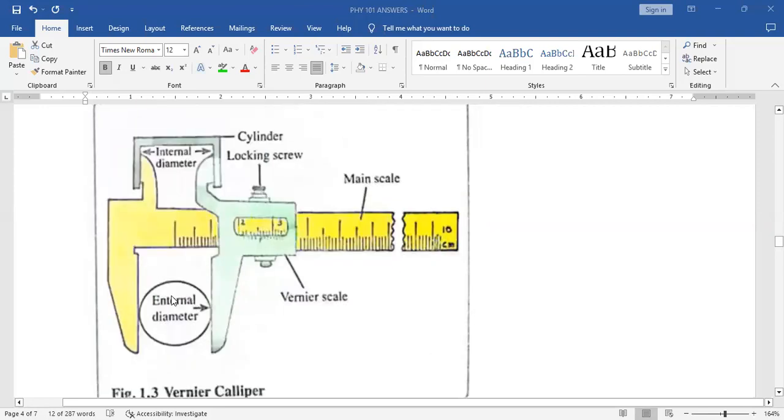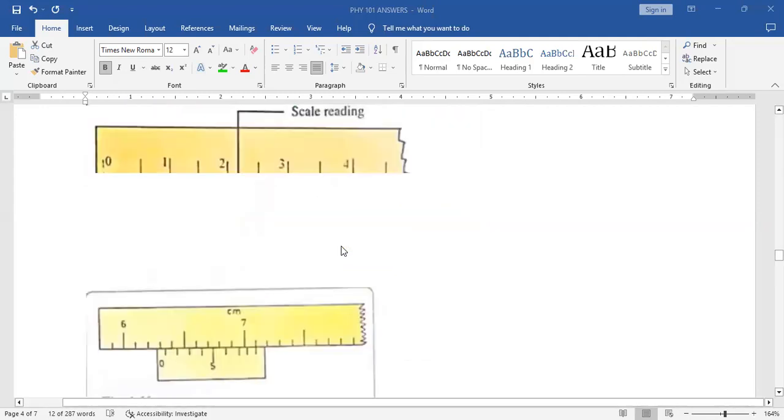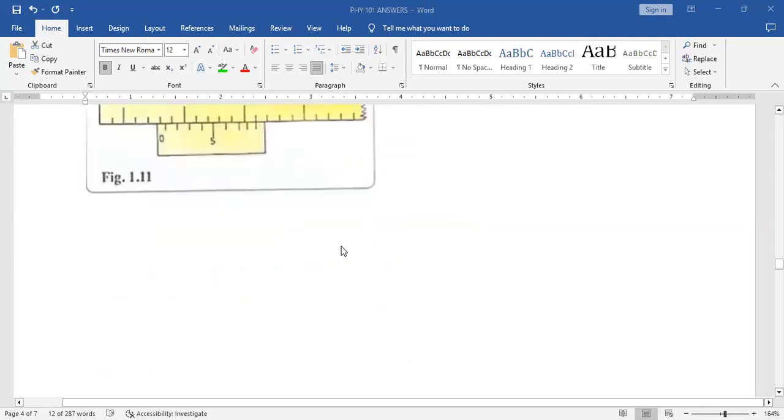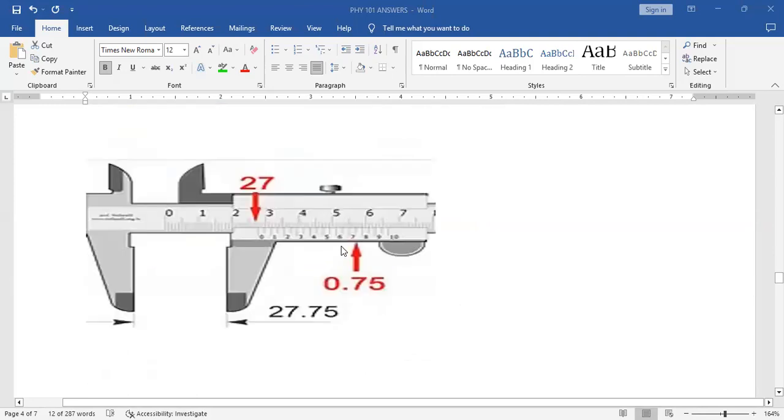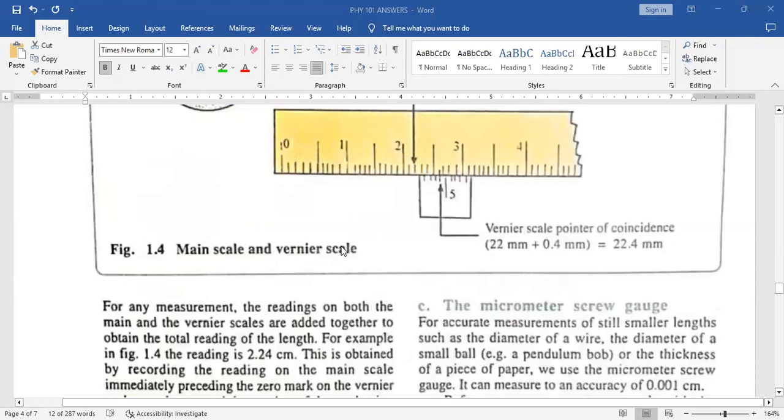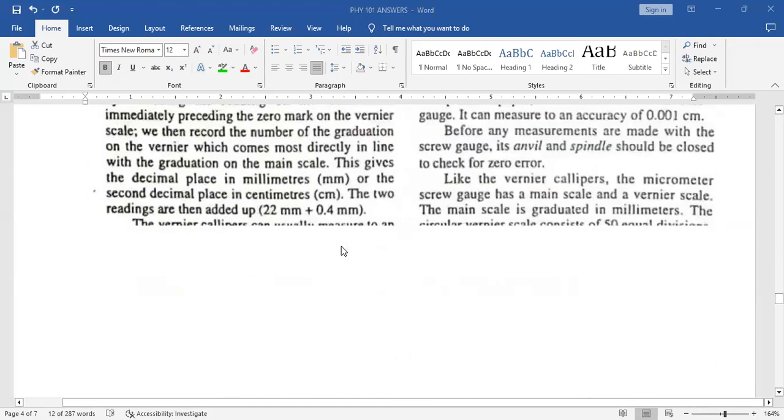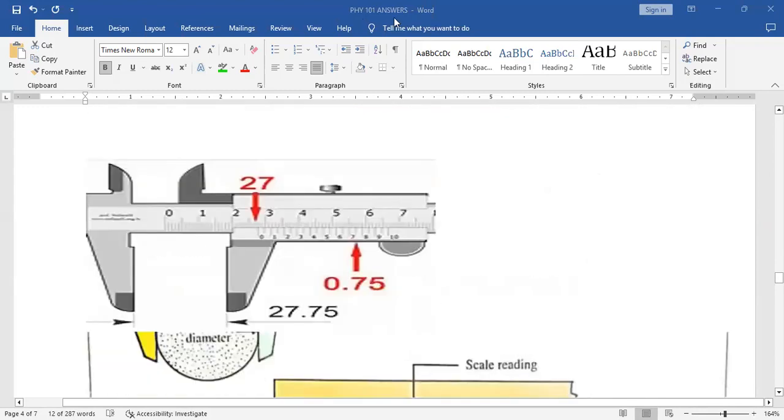It could be used to measure the external diameter of a cylinder here, while the internal diameter of this container could also be measured. So the vernier caliper is most suitable; we cannot use the micrometer screw gauge in that measurement. Let me not delay you. Let me move to the next question.